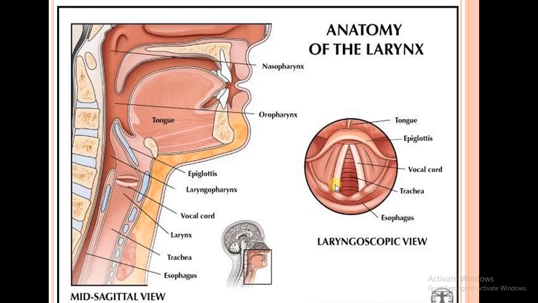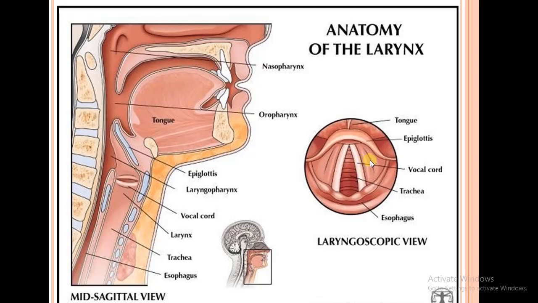The vocal cords are basically bands of elastic tissue extending from the lateral wall of the larynx, and when you are breathing and air is passing through the larynx, this causes vibration of the vocal cords, and this is going to produce sound. So a very important function of the vocal cords is to vibrate and to produce sound. Since sound is produced in the larynx, that's why it is called the voice box.